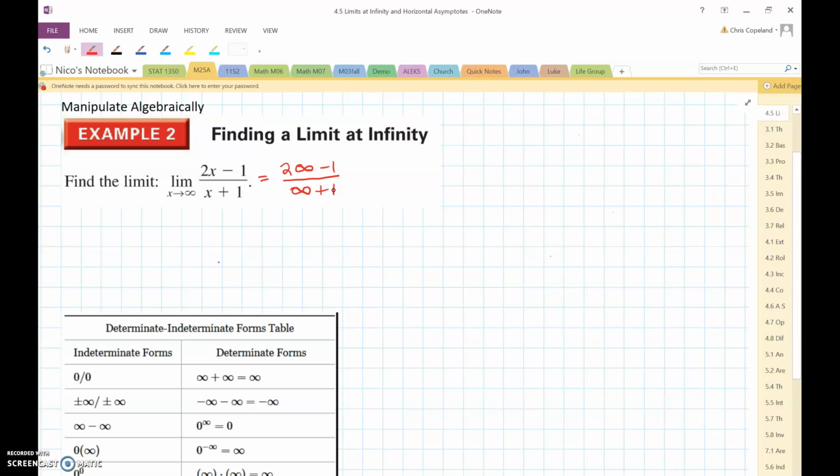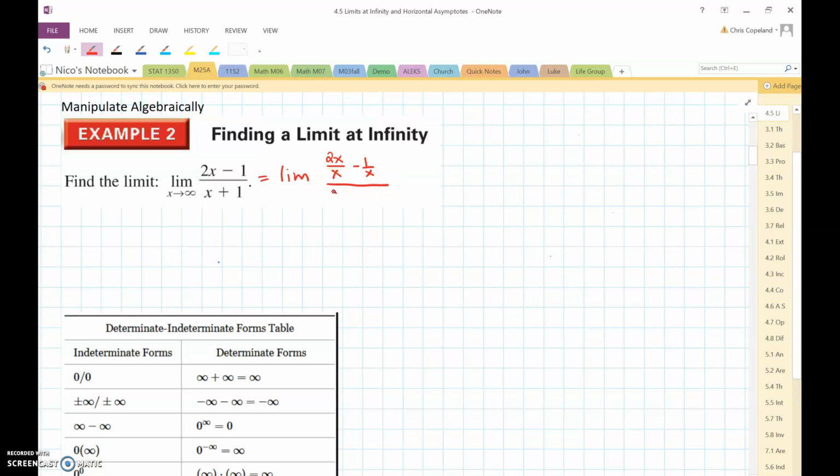Instead, we're going to do something known as algebraic manipulation. We're going to take the limit of this function and divide each one of these terms by x.